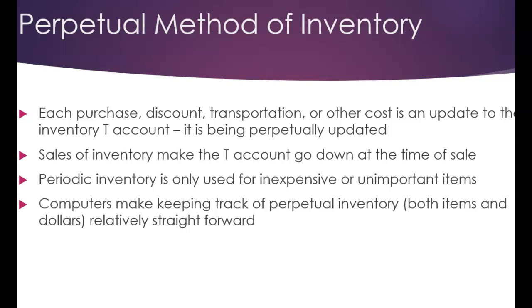Periodic is mainly the process of doing an inventory count once a year or once a quarter, where you physically count the inventory that you have in place. This is highly inefficient, which may explain why organizations like Walmart, with millions and millions of individual inventory items, don't do it often. It's done once a year because it's a tedious process, and in fact it may not be as accurate.